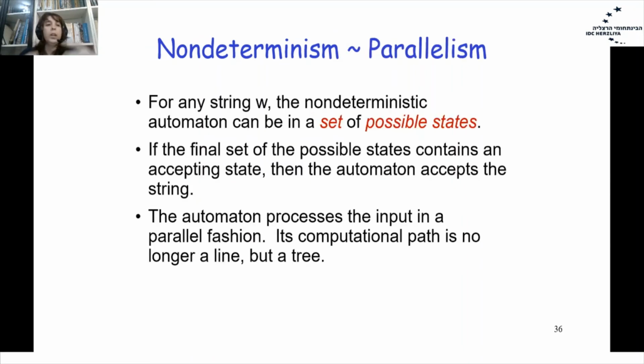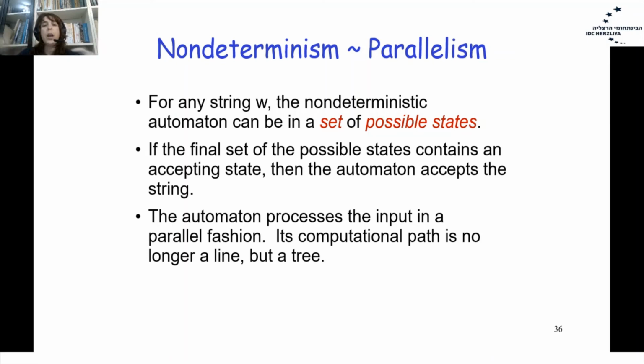So if we need to compare non-determinism and parallelism, we can claim that for any string W, the non-deterministic automaton actually gives a set of possible states, a set of possible paths, a set of possible results. If the final set of possible states contains an accepting state, then we know that the automaton accepts the string.